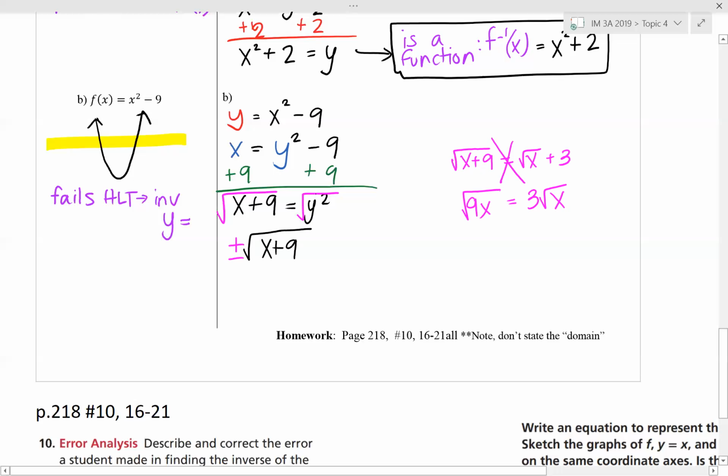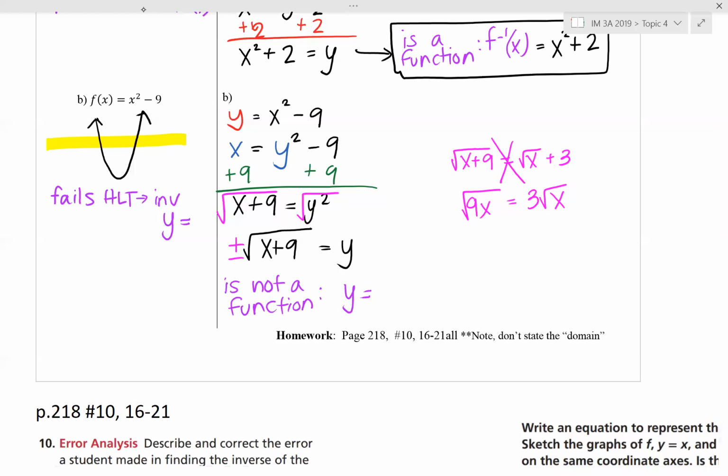And then remember, our big idea here was that we were trying to get y by itself. And so since the inverse is not a function, our answer is going to stay y equals plus or minus the square root of x plus 9.